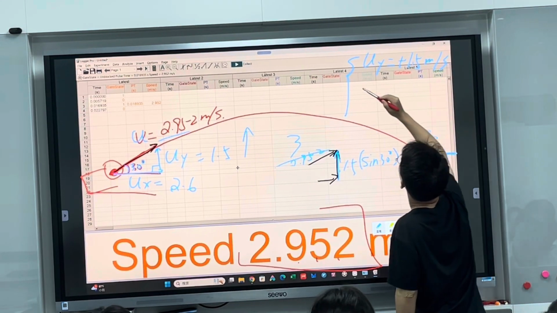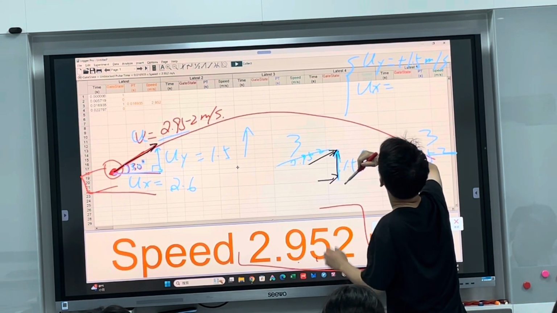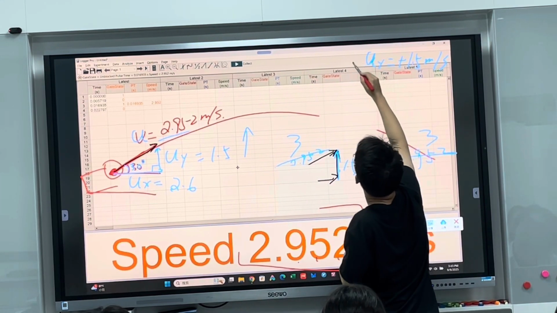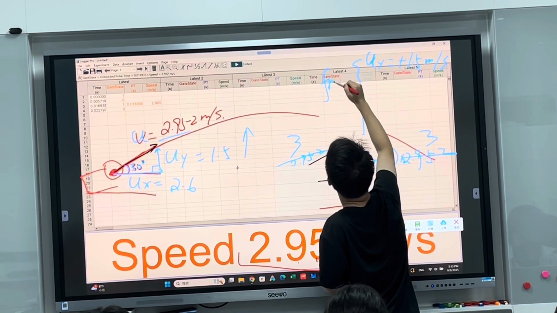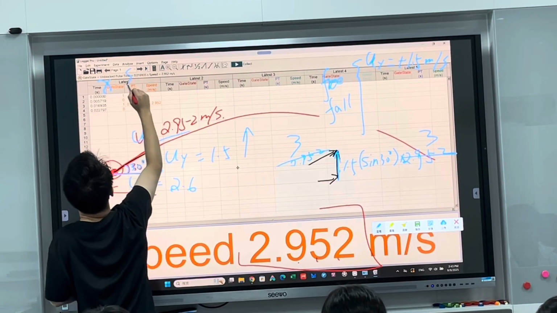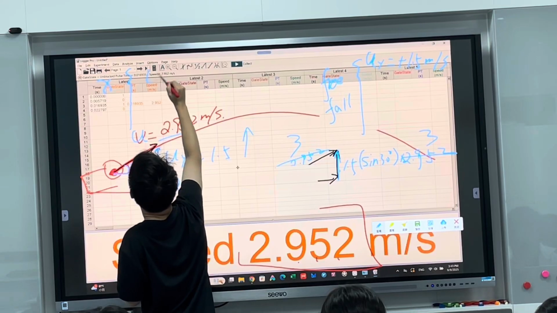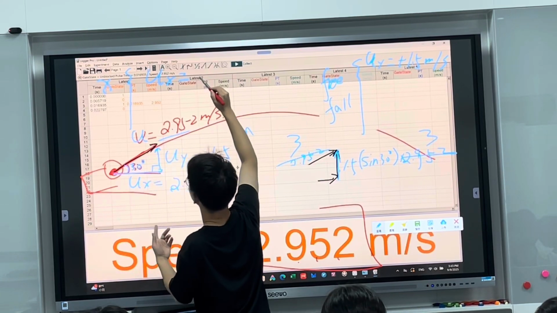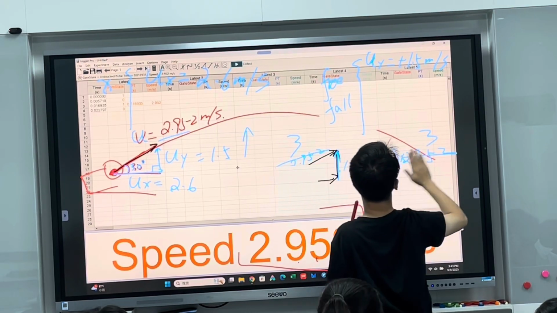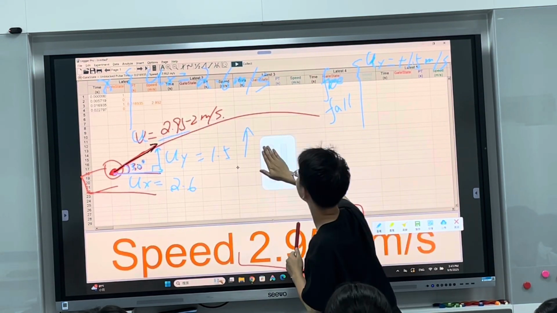We know ux. I wanted to separate those two because this is the y direction, which is free fall, and this is the x direction, which is uniform motion. Let me remove those unrelated information.